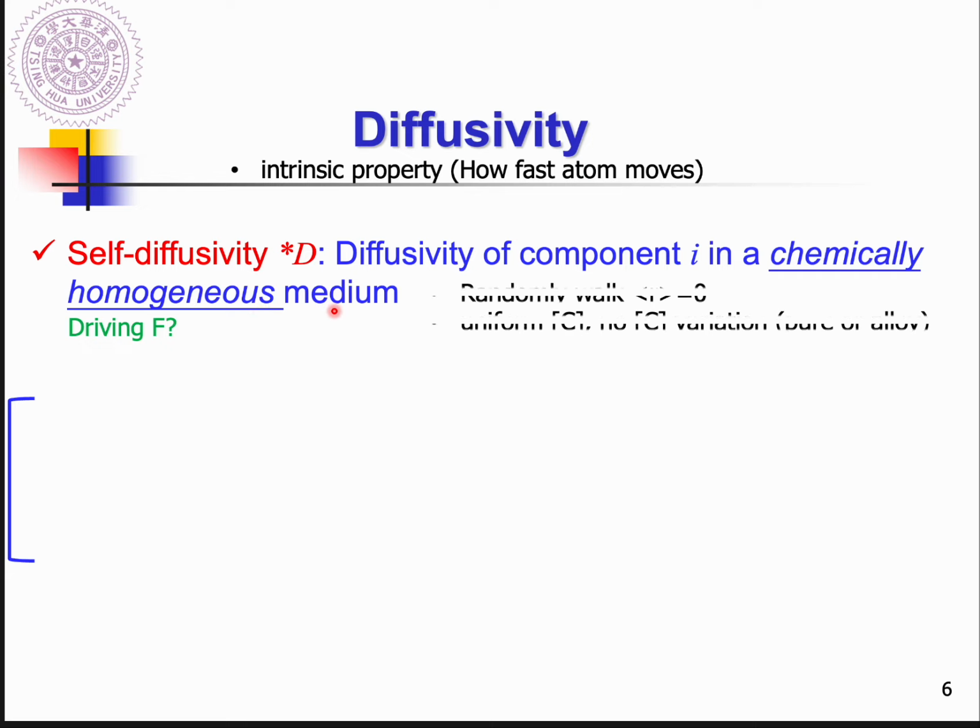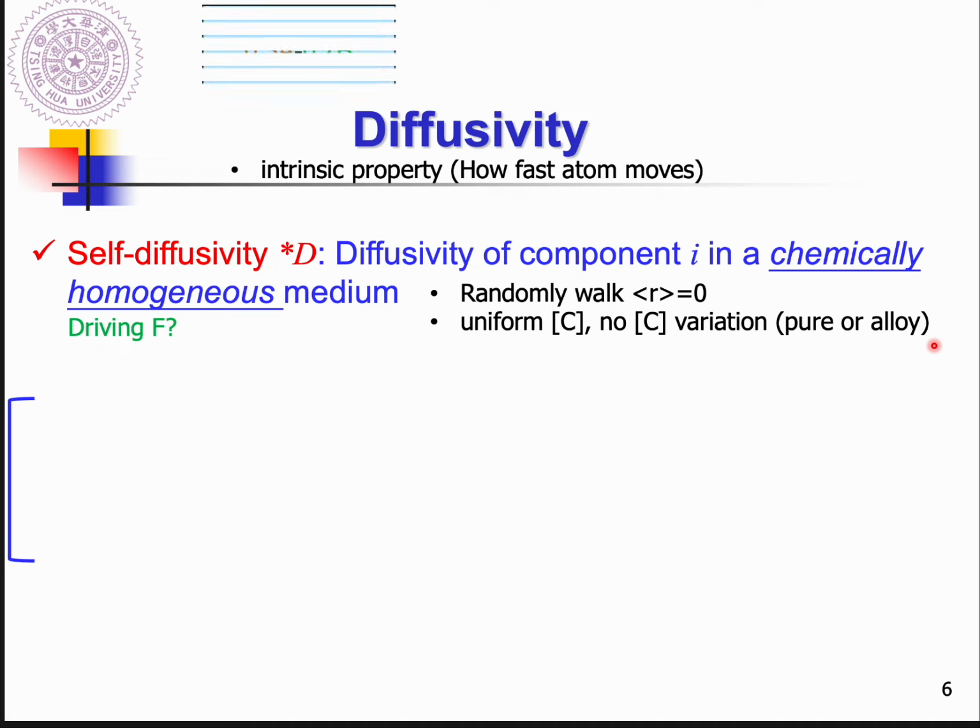Some people will probably answer, does that mean pure materials? Actually, it means uniform concentration, no concentration variation in your materials. In this case, we call it a chemically homogeneous medium. So it can be a pure metal or an alloy.